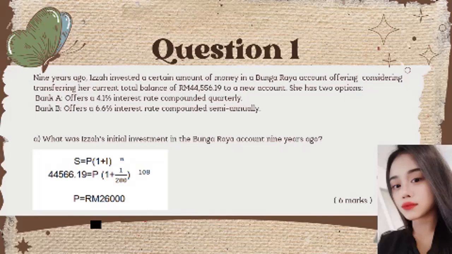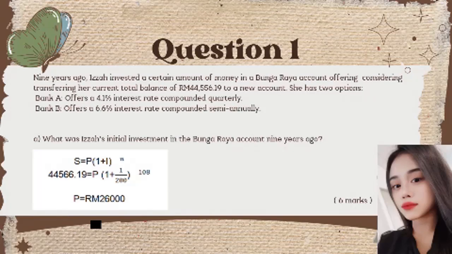She has two options. Option 1 is Bank A, which offers a 4.1% interest rate compounded monthly, and option 2 is Bank B, which offers a 6.6% interest rate compounded semi-annually. So the question is, what was Izzah's initial investment in the Bunga Raya account 9 years ago?